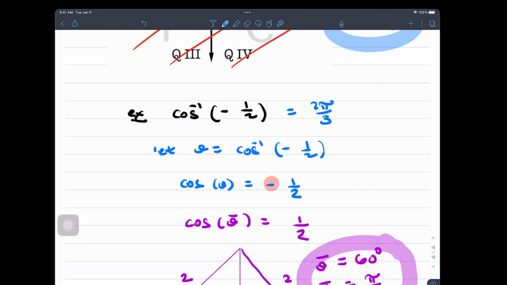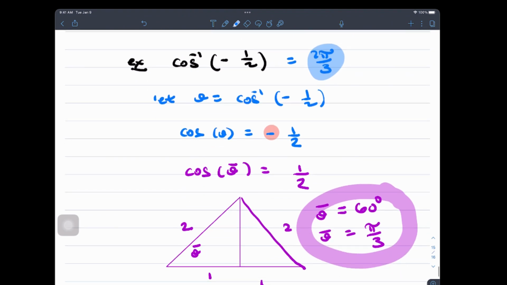What's important is that you go through this process. It's 2 pi over 3, and it's not a negative angle because inverse cosine is defined differently than inverse sine.